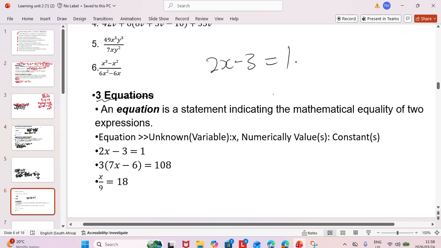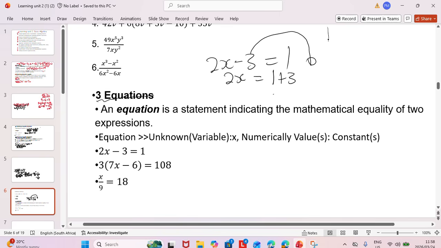Solving for x, guys, the only thing that you need to do here is to try and isolate x. On your left hand side, you'll be left with 2x equals to 1. You are taking the negative 3 from the left hand side to the right hand side. The sign will change into a positive 3.